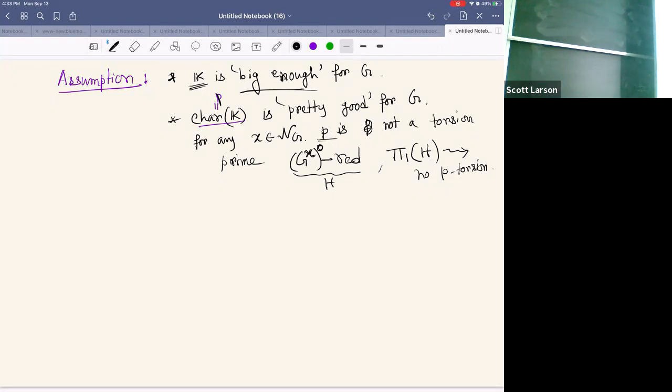For C and D, I think 2 is the only problem. So you're looking at the weight lattices. You want to make sure that 2 is divided.